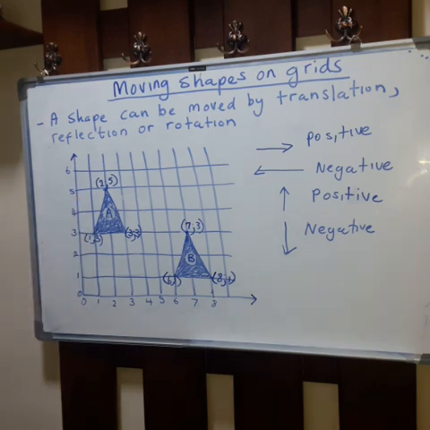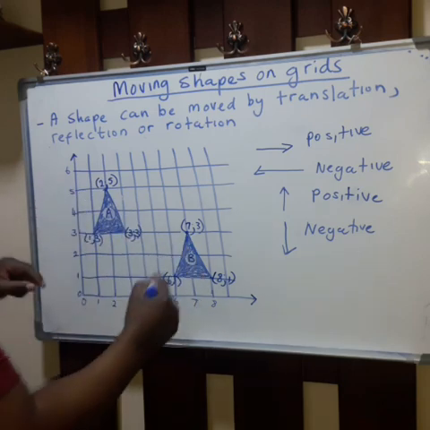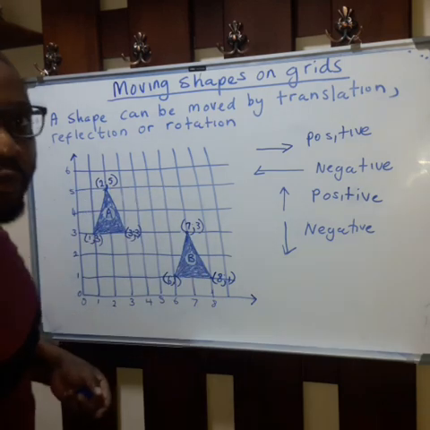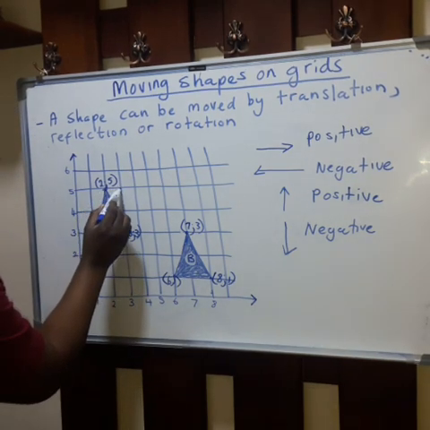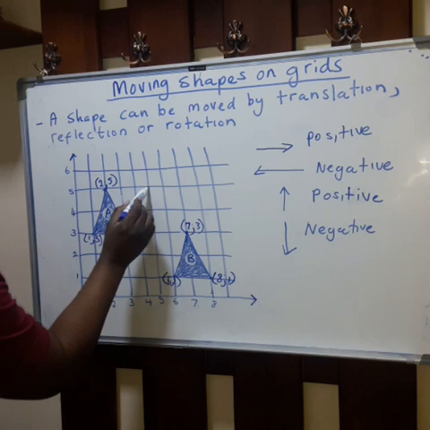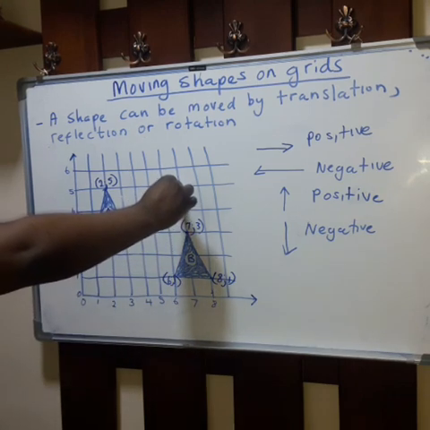So what we do is, you can pick any corner from shape A. Allow me to pick the top part. I want to move horizontally. Then I want to see by how much it has moved horizontally. So I'll start from this point. Then I jump 1, 2, 3, 4, 5. So it is now in line with the new shape.